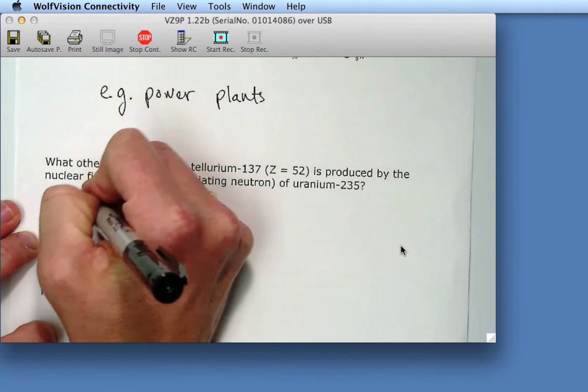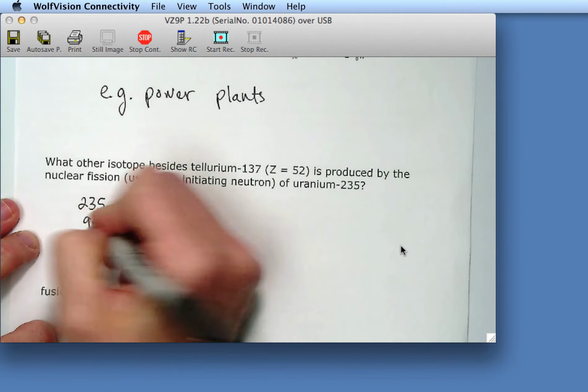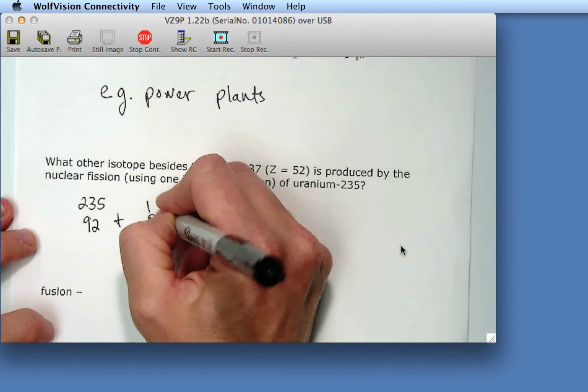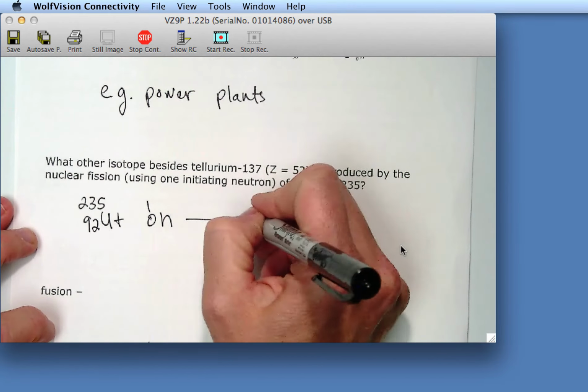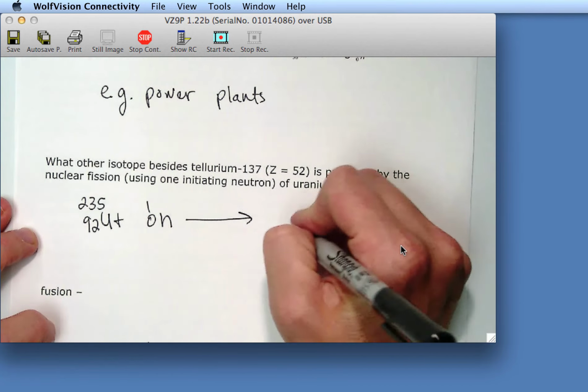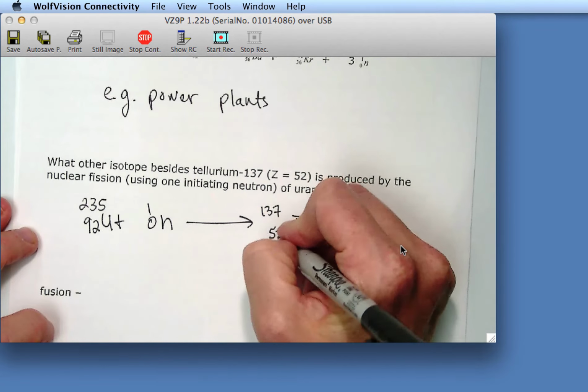So say that, I'll go ahead and write this out. 235, 92, and this is uranium. Sorry, I didn't write that there. It gives you tellurium, which is Te-137-52.